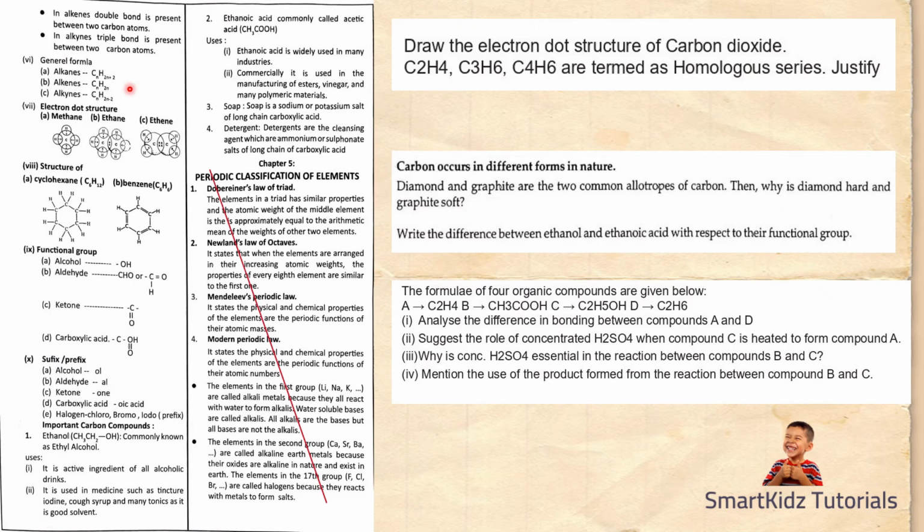Then page number 61, figure 4.5. I don't know if the page number will be the same for yours, I've got an old textbook. But figure 4.5 speaks about the electron dot structure for methane. Then there is 4.6, the electron dot structure of ethane. Very, very important. These two are very, very important.